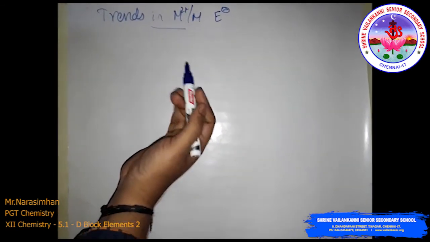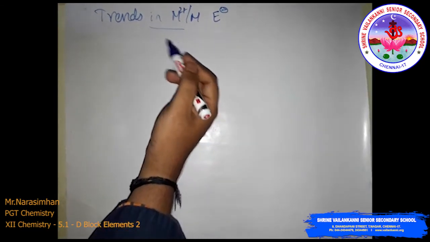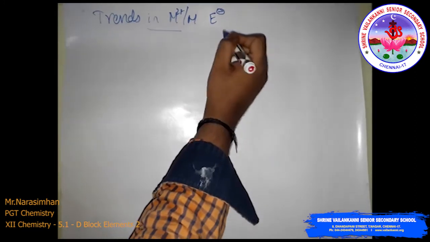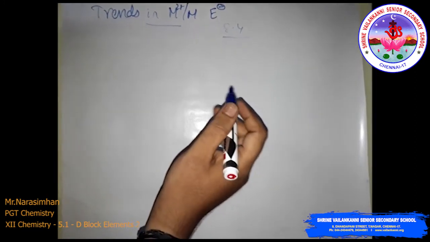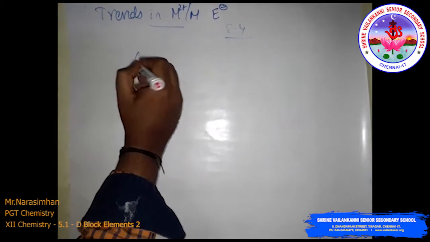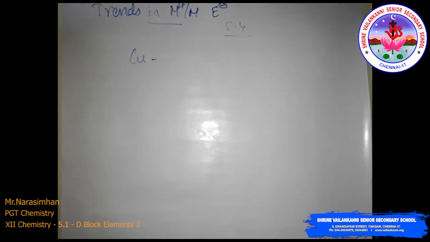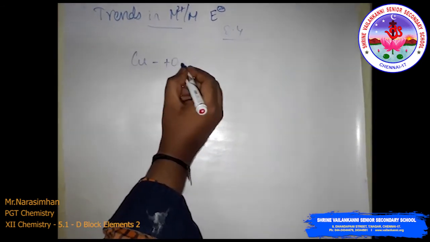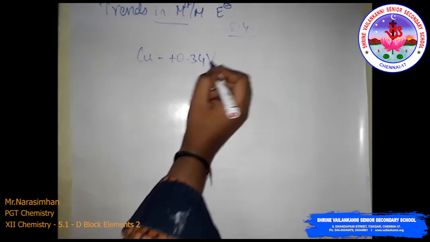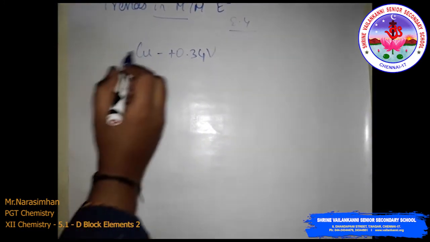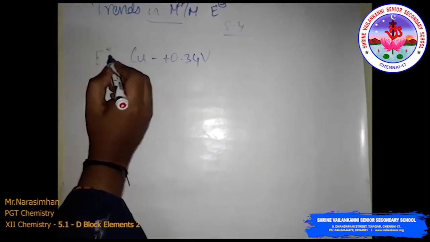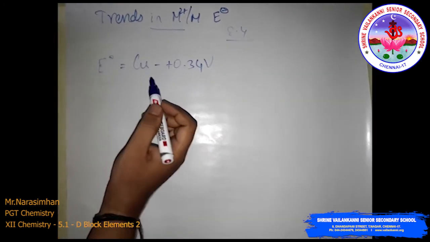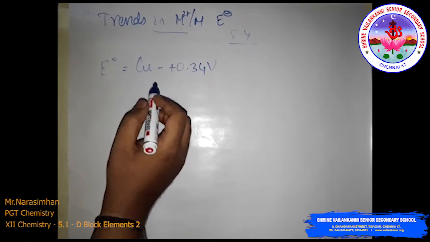The observed E0 values and the calculated values are given in your NCERT table 8.4. See the unique behavior of copper, its positive value: +0.34 volt. This is the standard electrode potential for the Cu2+ aqueous ion, the only one in the 3d series.